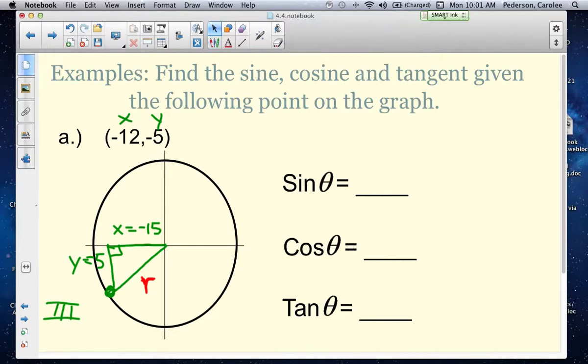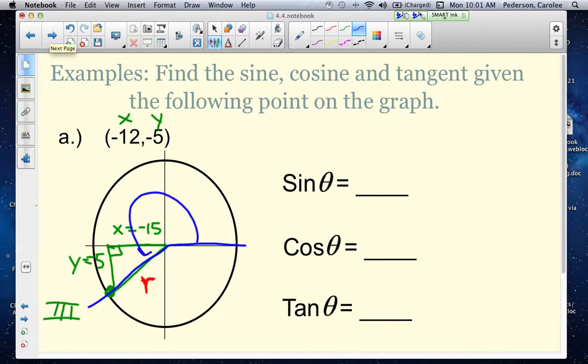And this would be my theta. Now, my theta could be a positive theta, or it also could be a negative theta if you go in the other direction. All right. So we want to find the sine, cosine, and tangent.